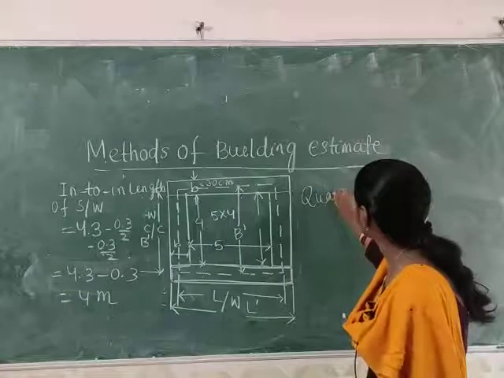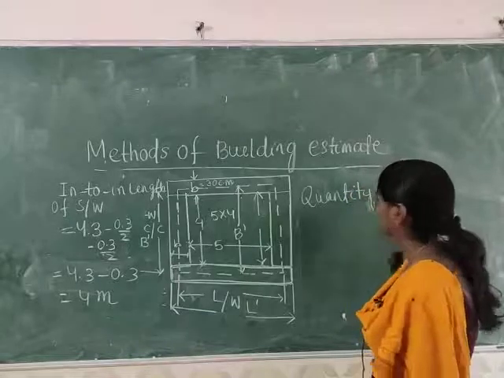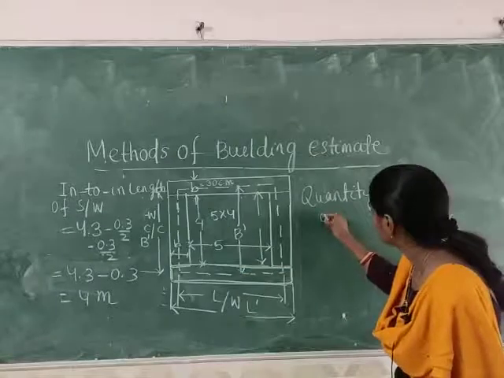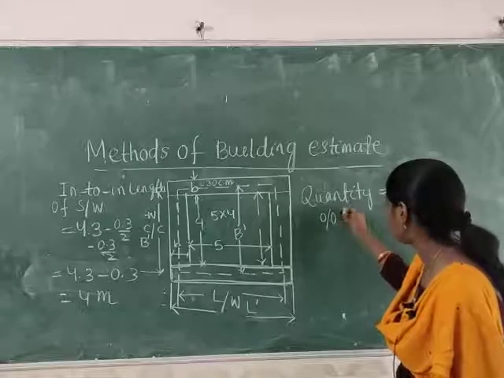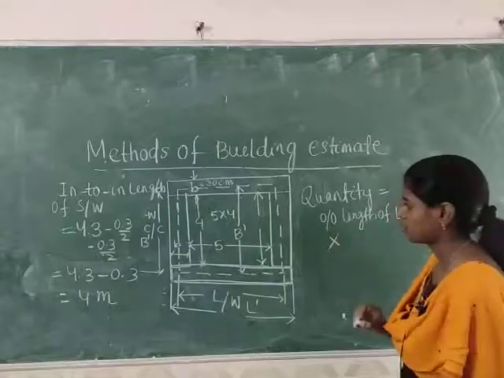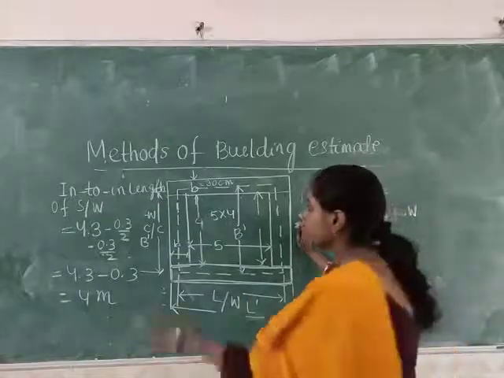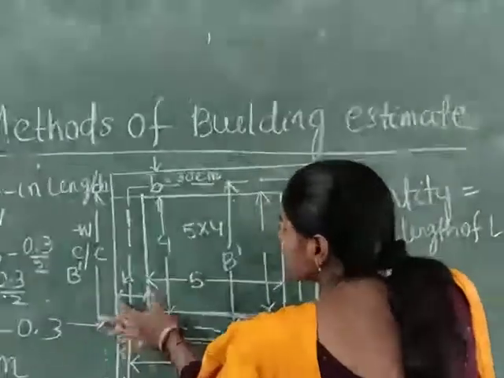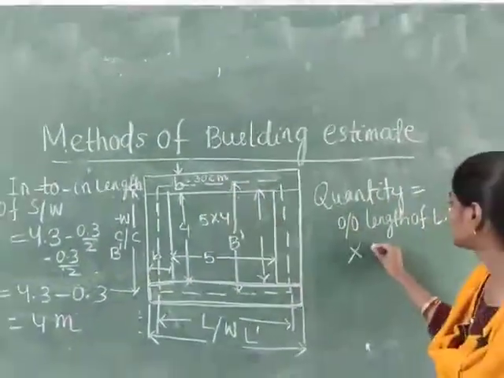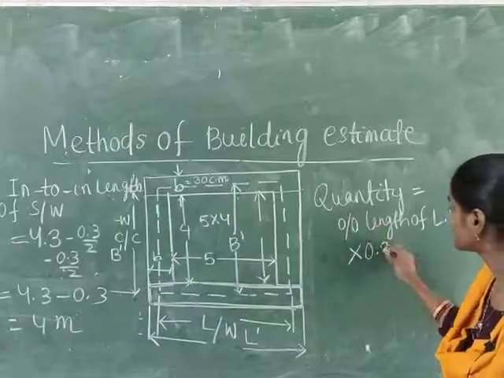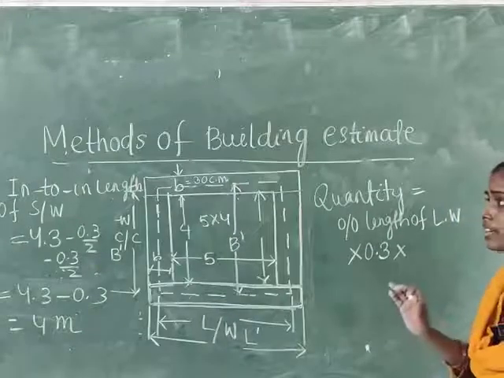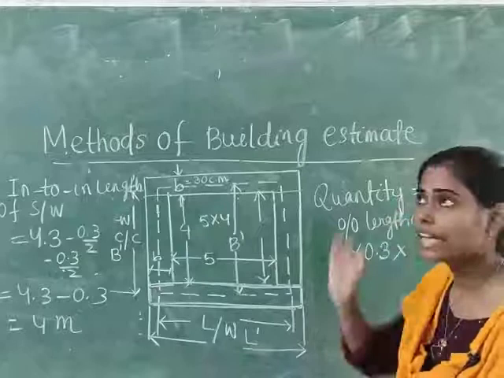To get the quantity of brickwork in superstructure in the long wall, we will multiply the out to out length of the long wall into the breadth of the superstructure wall, which is 30 centimeter, so 0.3 meter, and we need the height of the superstructure.